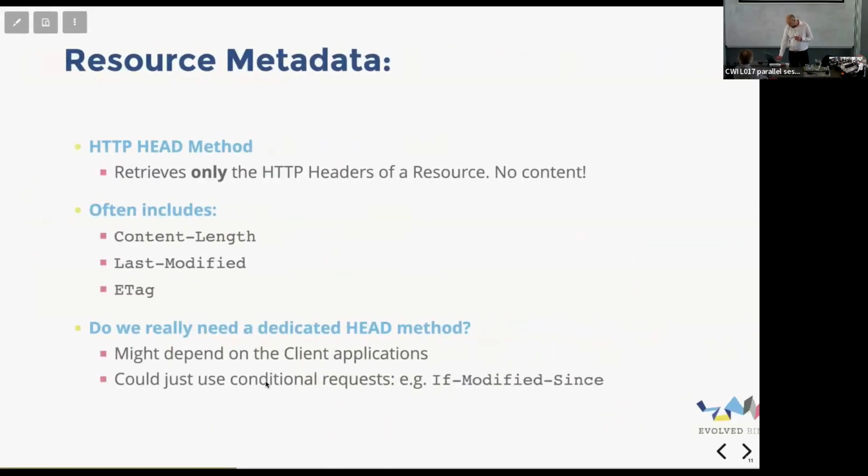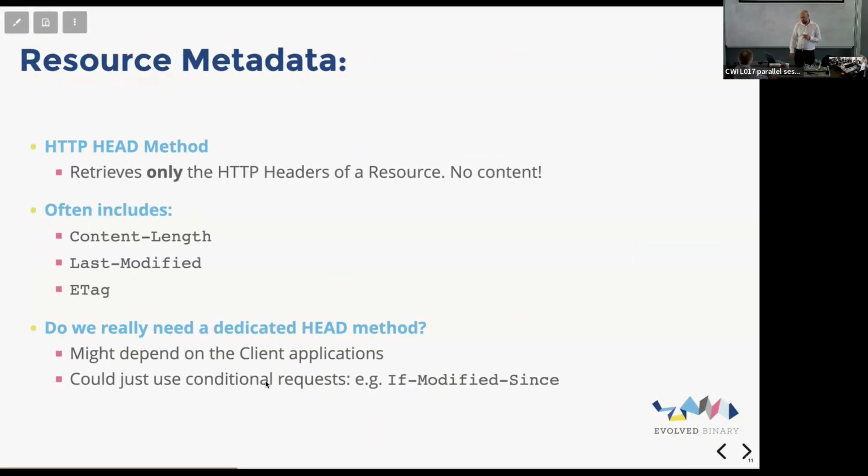Okay. So if I reinterpret Stephen's do a head on it, what we're saying is we want to retrieve the headers, so the metadata about the resource, with no content. We talked that it might indicate the size, and then for caching, or for knowing the document has changed, one of the headers is last modified, so the date that the server believes the resource was last modified.